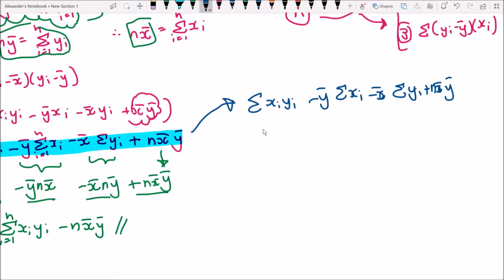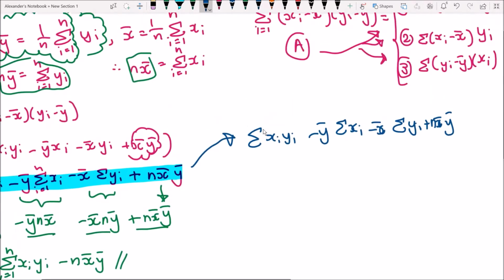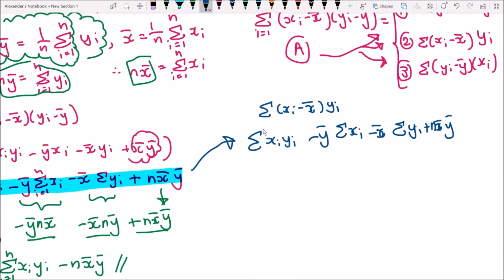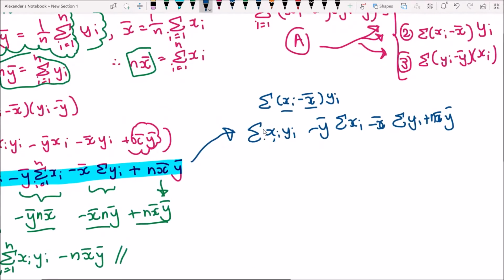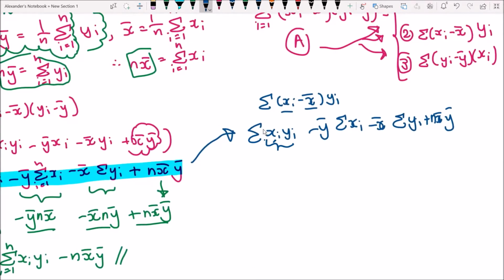And we want to have some terms cancelling out over here. So we want to end up with the summation of xi minus x bar times yi. So we want an x bar and we want an xi. Clearly over here we've got the xi times yi. Now over here we need the negative x bar, which is this part over here.